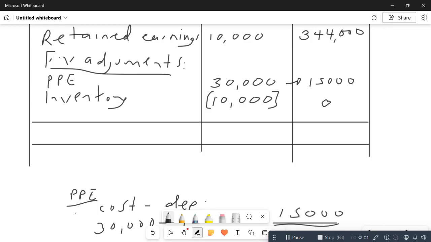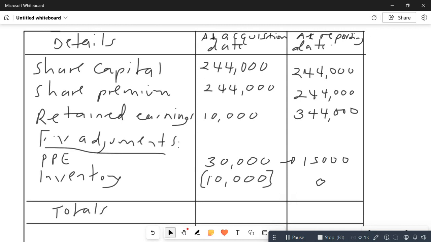When you reach that step, then you can go ahead to get for us what? The totals. Total, we are going to add net asset at acquisition and net asset at reporting date.